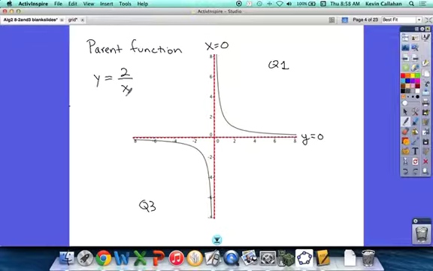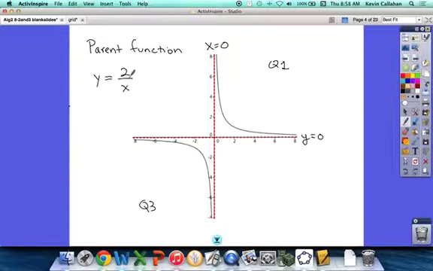And in the same way, it has to have a horizontal asymptote because it can never touch the x-axis. If it touches the x-axis, that means y equals 0. But y can't equal 0. Because if a fraction equals 0, it's because the numerator equals 0. But the numerator is, by definition, not 0. It's a constant. It's 2.